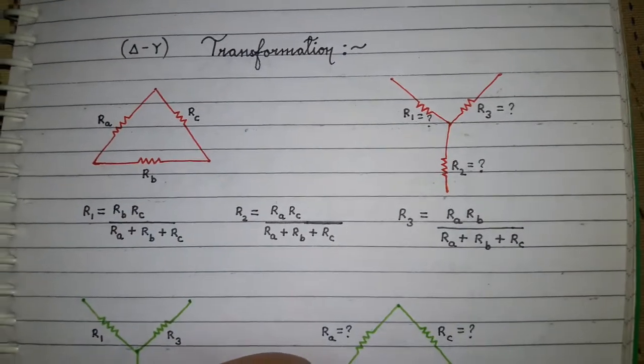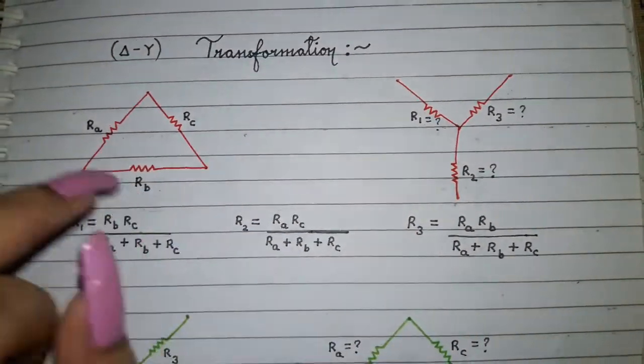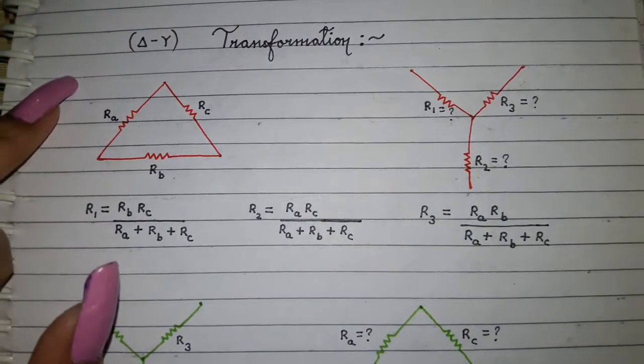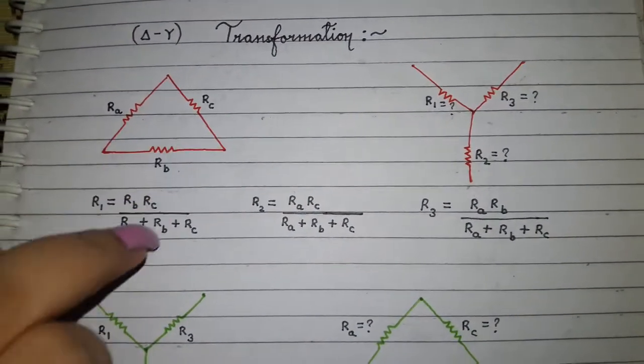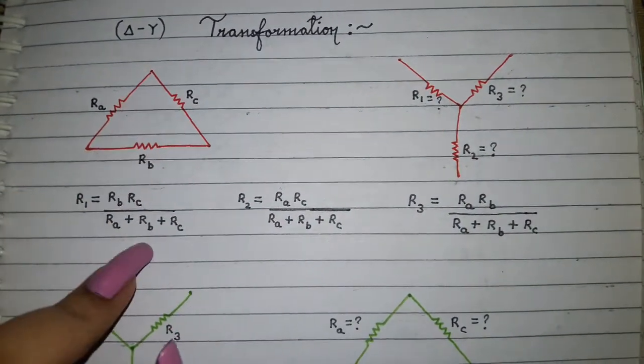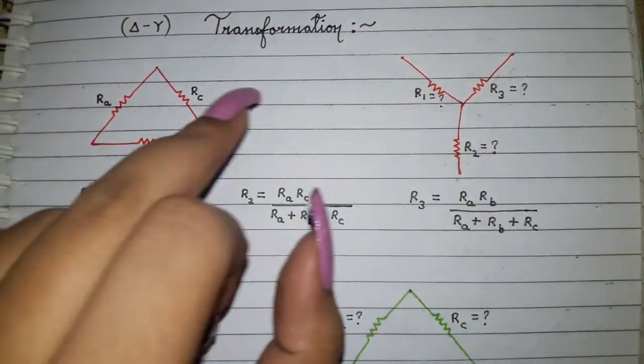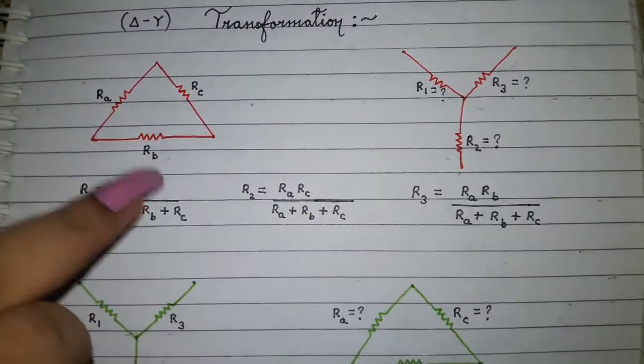How to remember the numerator? For the calculation of R1, you do not take RA, you take the other two. For the calculation of R2, you don't take RB, you take the other two. For the calculation of R3, you don't take RC, you take the other two.